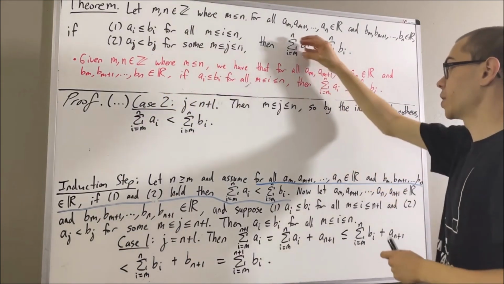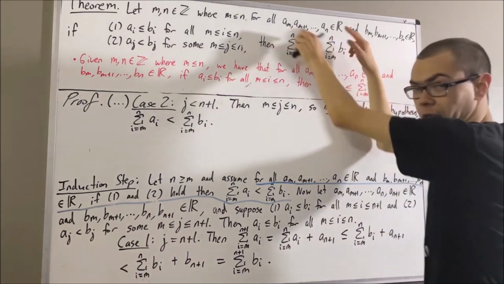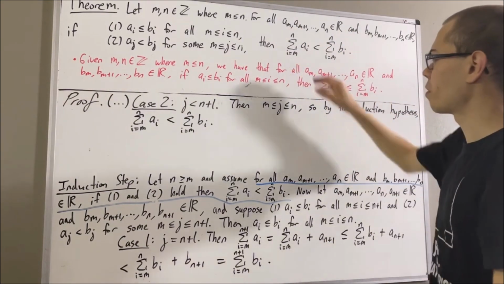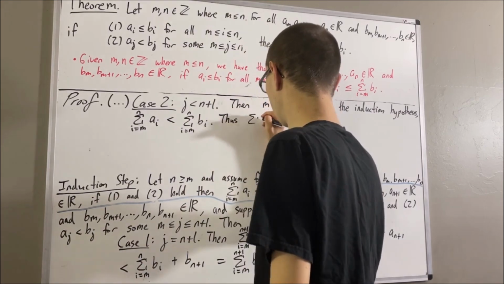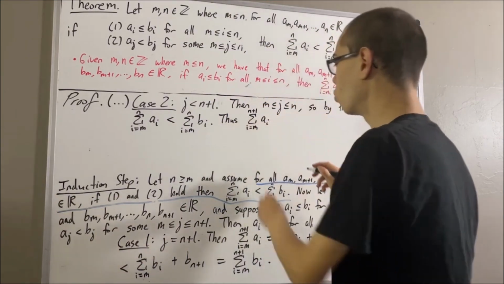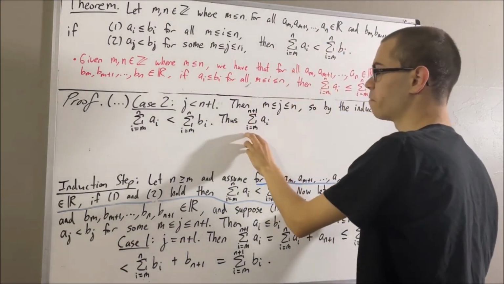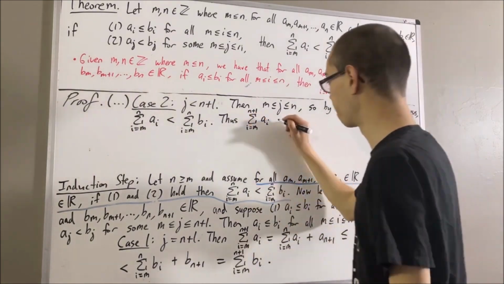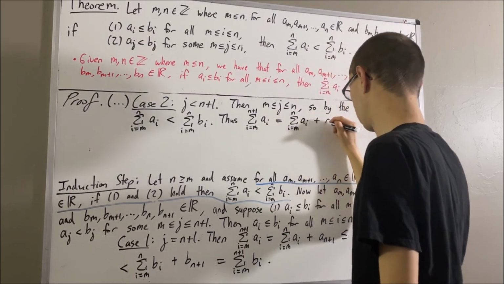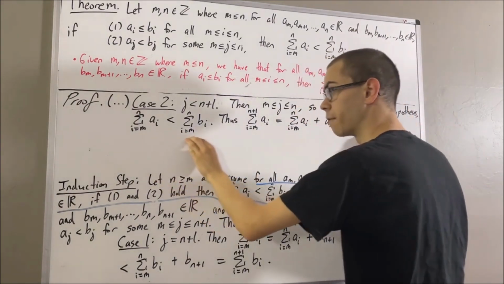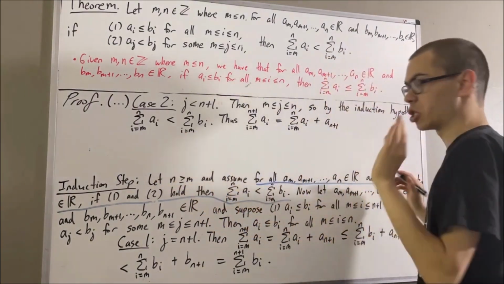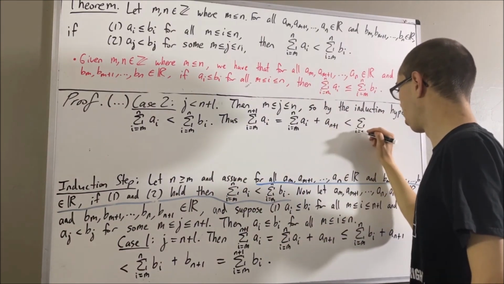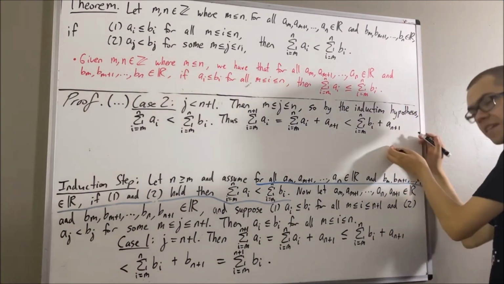And now, let's show that this is true where we have n plus 1 here. And we'll start out by writing the left-hand side. Now, we know that this is the same thing as the sum from i equals m to n of ai plus an plus 1. And then, because of what we have here, this must be strictly less than this.